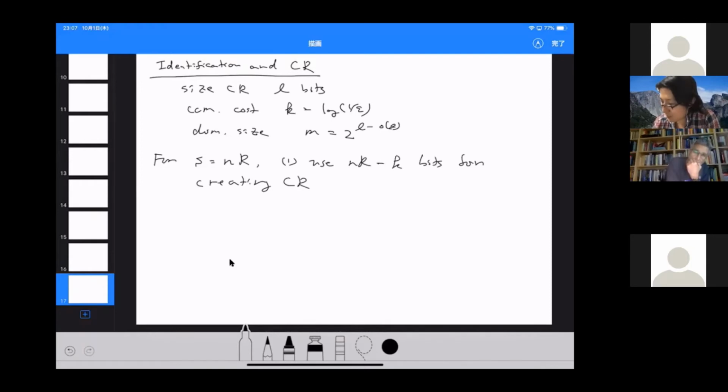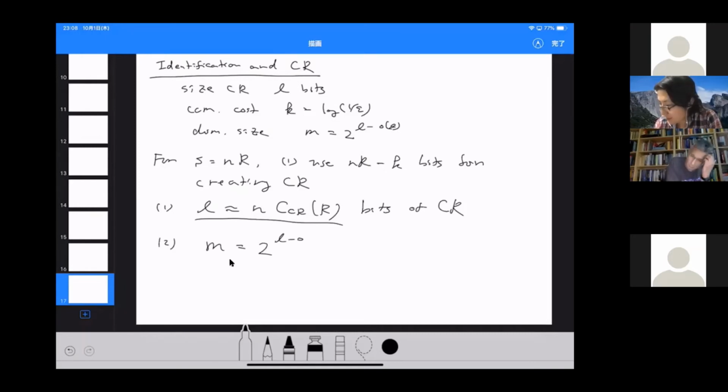So in this step 1, we can create roughly n times the common randomness capacity bits of CR. And then by using this amount of common randomness, the parties can identify this much bits. Okay, identification.